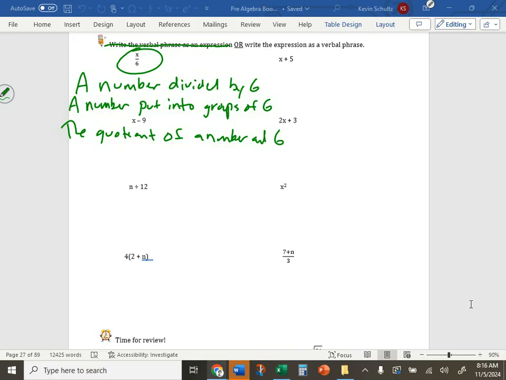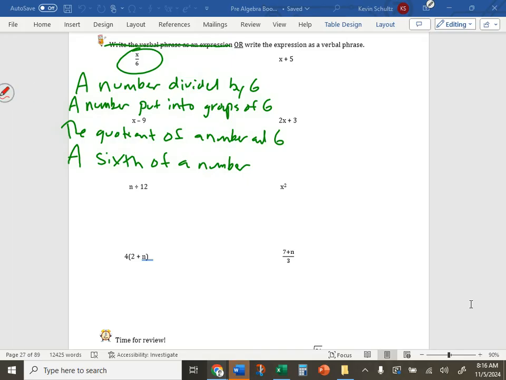A fifth of something is divided by 5. What would it mean to divide by 6? 6th. You could say a sixth of a number. That would also mean to divide by 6.